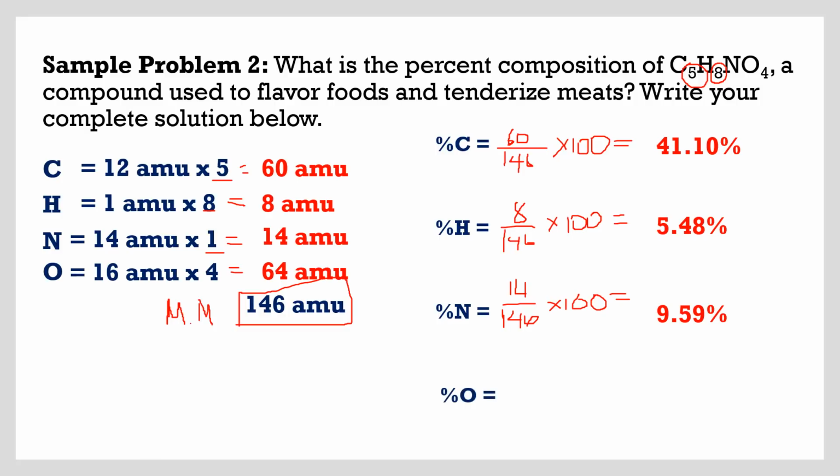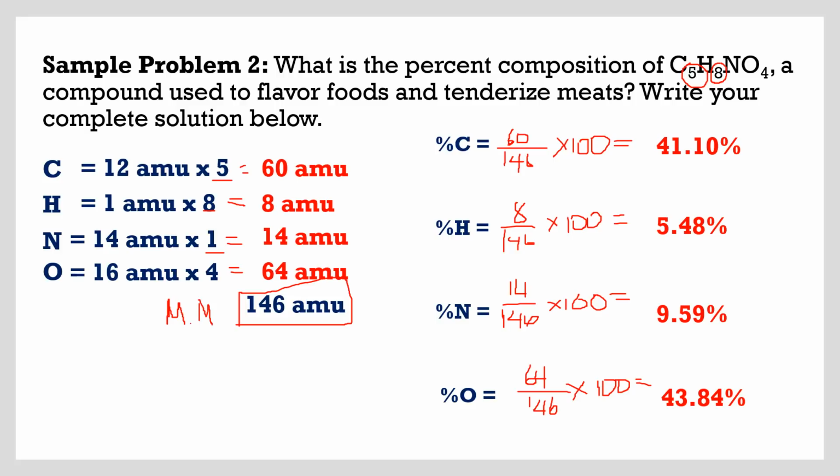And lastly, for oxygen, that is 64 divided by 146 times 100 equals 43.84%. Again, to check your answer, these four must be equal to 100.